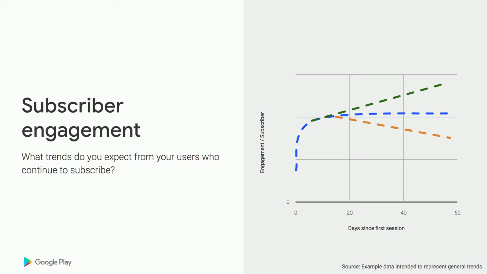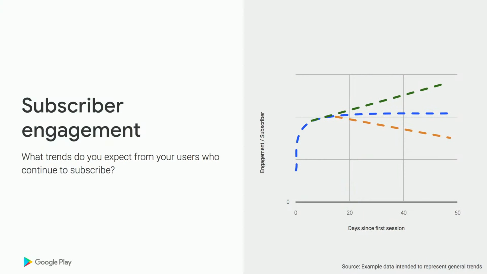Let's think about ourselves. If we have a real-world subscription like to a gym, and I happen to not go very often, I may start considering canceling that because I'm not actually reaping the benefits of continuing to pay for the subscription. So it's really useful to think about the reason that a user initially converted, because it's likely the reason that they'll continue to convert.